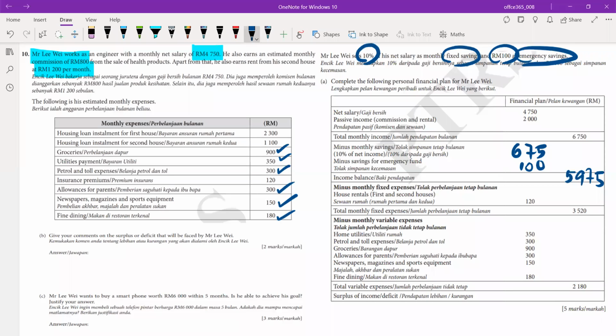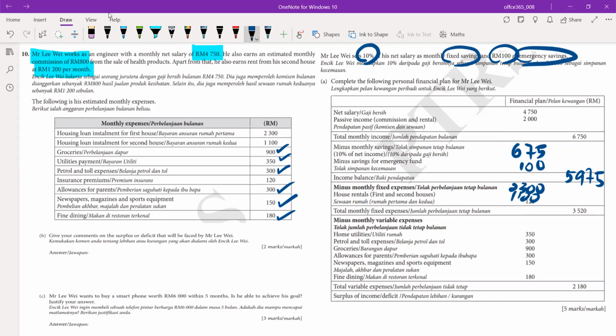Okay, the thing is, the total variable they give you is 200. This one I think got a mistake. This one should be 23. They didn't add on. It should be 2300 plus 1100, plus 120. This one should put in 2300, 1100.